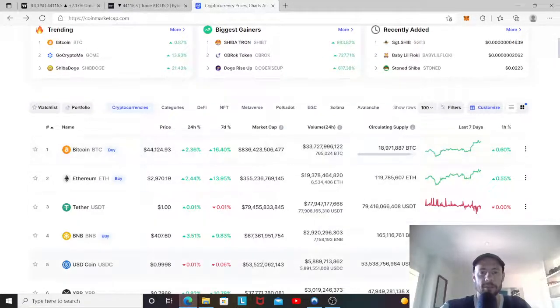You got the market caps here. This is the 24-hour volume, circulating supply, a little graph for the last 7 days of the price, and then the last 1 hour.